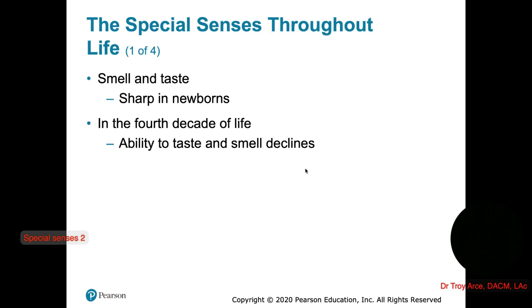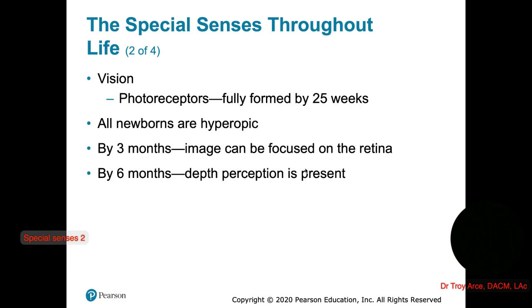Going on to smell and taste. It's sharp in newborns, and in the 4th decade of life, the ability to taste and smell declines. So, and we're reaching towards the end. What happens throughout life? Our photoreceptors are fully formed by 25 weeks as an embryo, and all newborns' eyes are hyperopic.